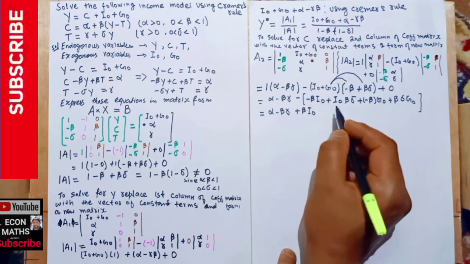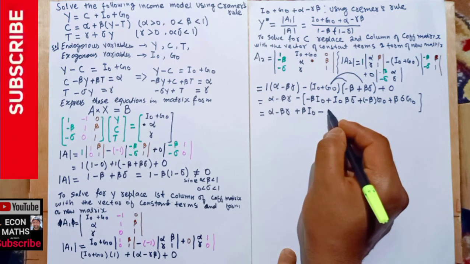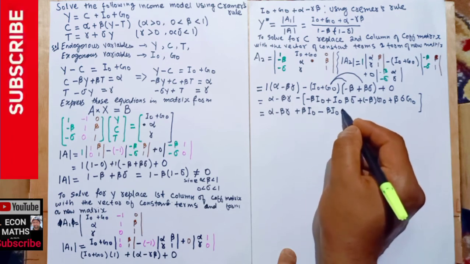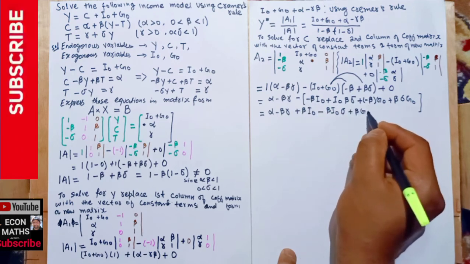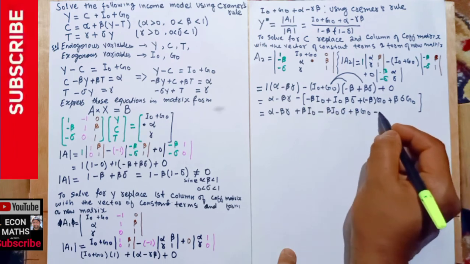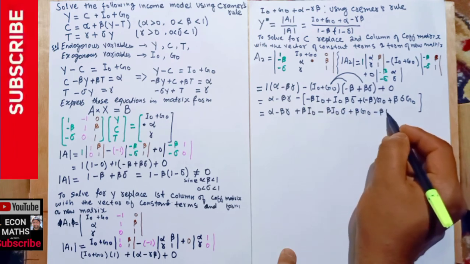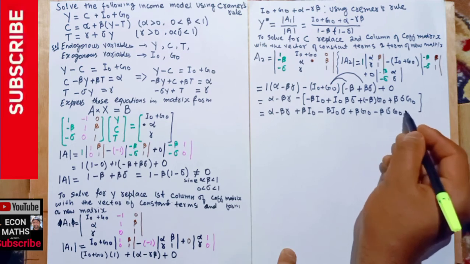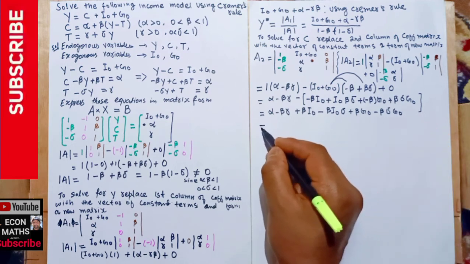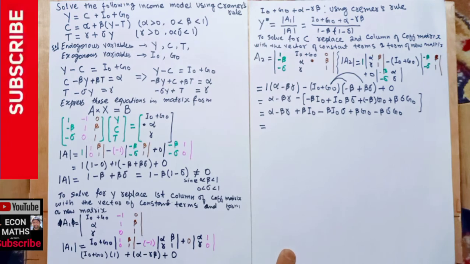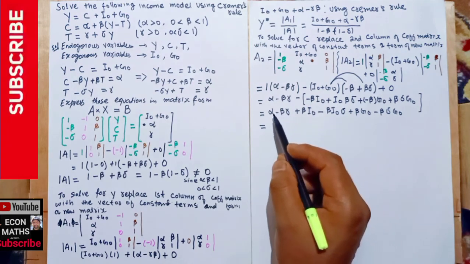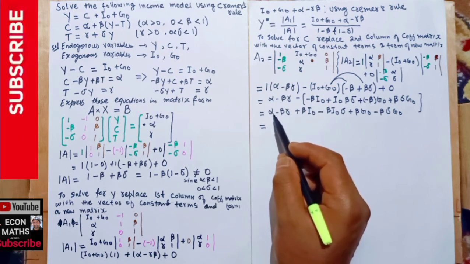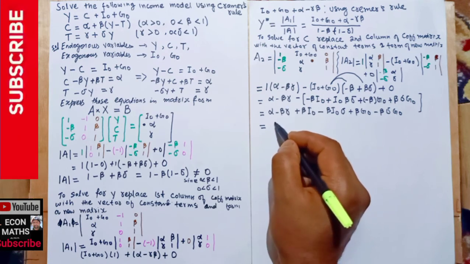Now this is minus beta I0 delta. Now this is minus into minus is plus beta G0. Now this is minus beta delta G0. Now what will we do here? Here it is alpha, so I will write this alpha.